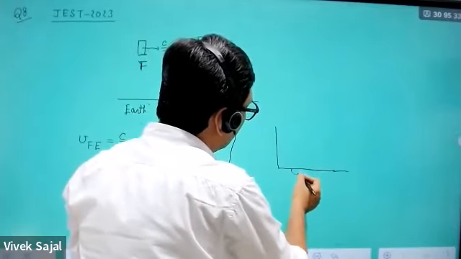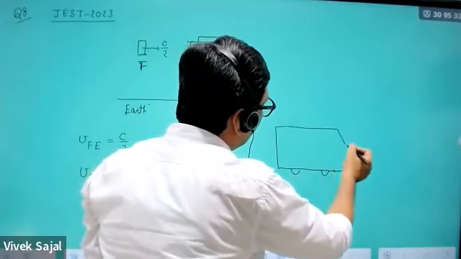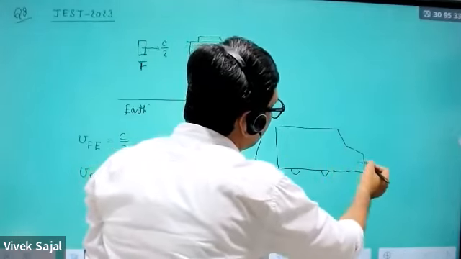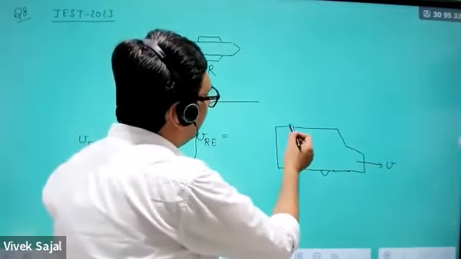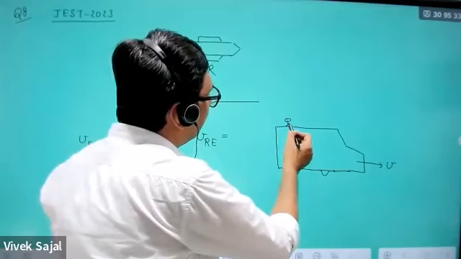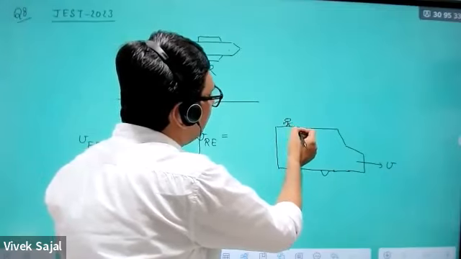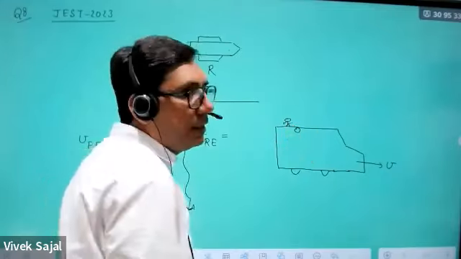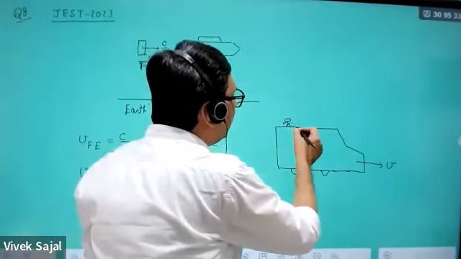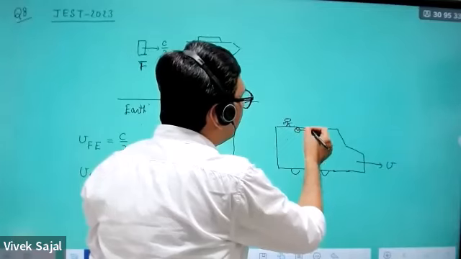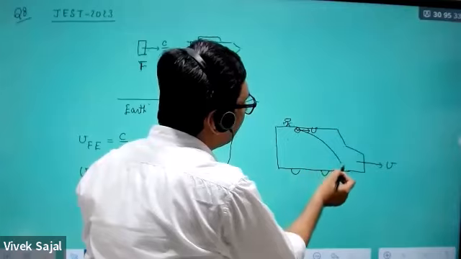If you are having a truck moving with a velocity v, and a person standing here gently drops some object, then at the time of the drop, its velocity will be v, and then it is going to follow projectile motion.